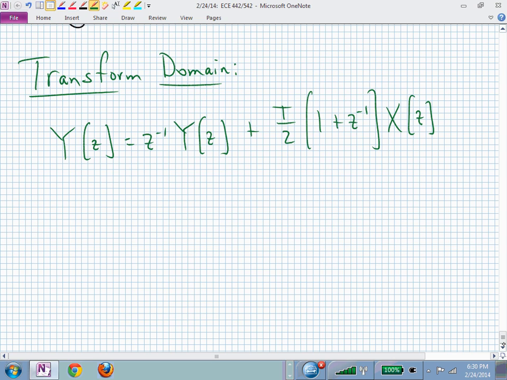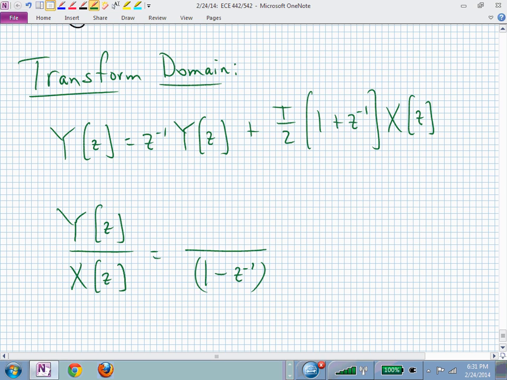And now if I find this transfer function between X and Y, my denominator is just 1 minus z inverse, since I'm just pulling that z to the minus 1 Y of z over, and my numerator is just what's scaling capital X of z.